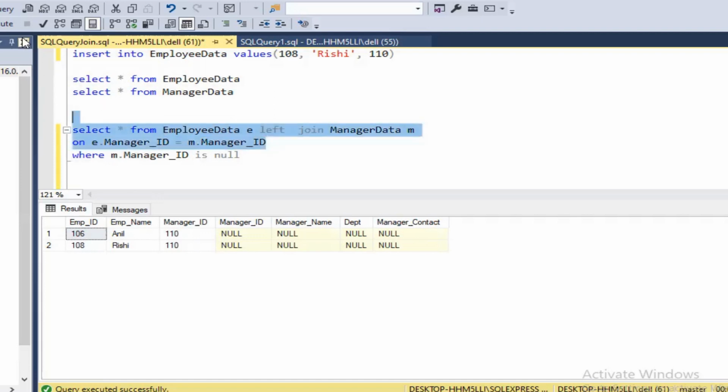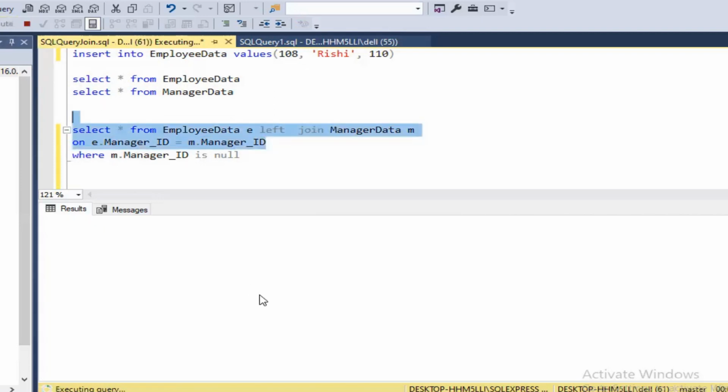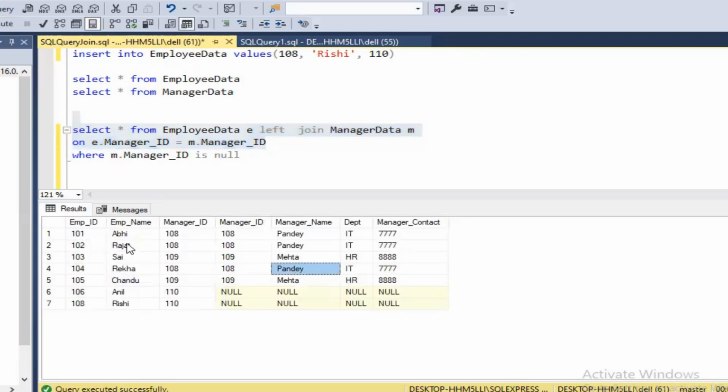Instead of excluding the where condition and just running it, see, everyone has a manager, and this is very important. We get these scenarios sometimes: suppose employee and manager, and someone asks you to just give me the data of those employees who don't have any manager or manager name. Then you can do it this way.